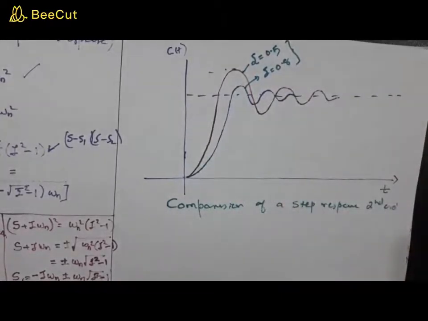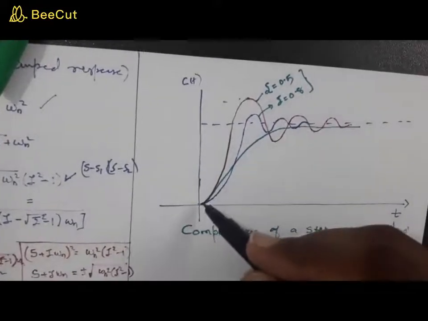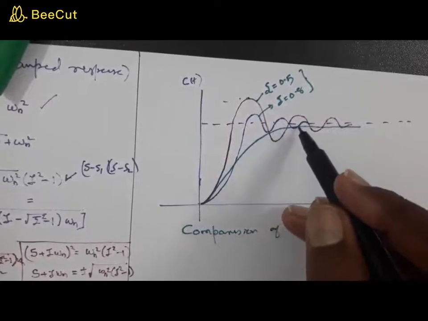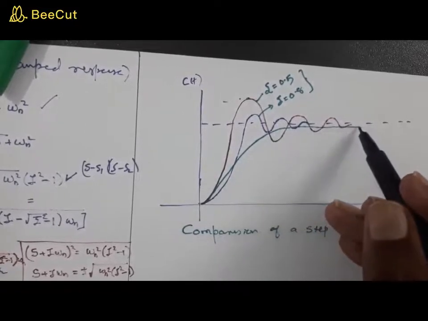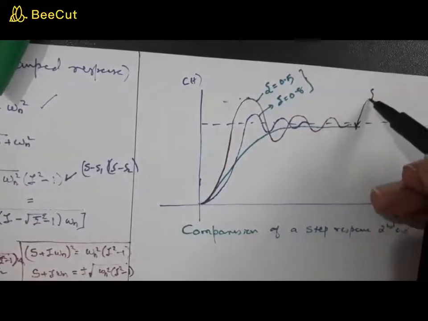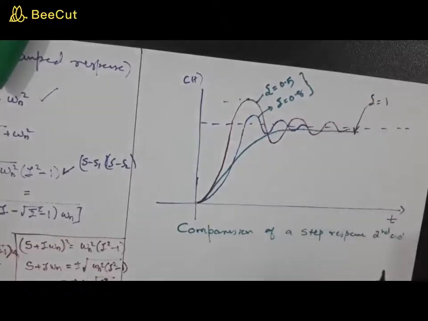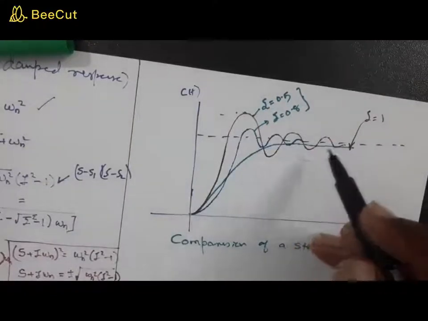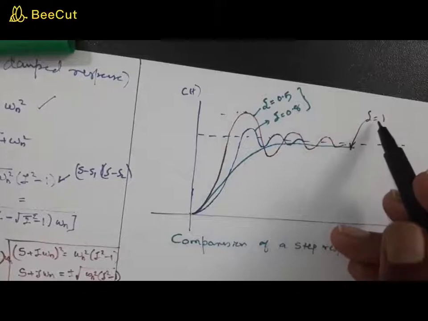Now look at this. I have drawn it with a green ink. This one is not oscillating, and this is the case where theta equals 1, which is what we studied here. In case 3, where theta is equal to 1, I get a graph like this, drawn with the green ink line. So this is theta equal to 1.